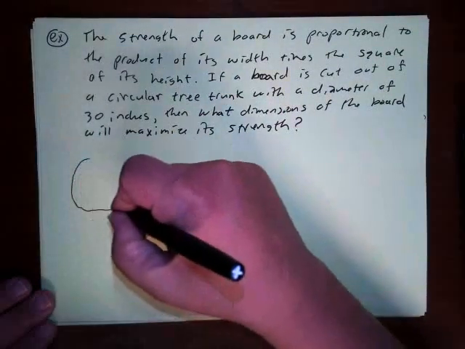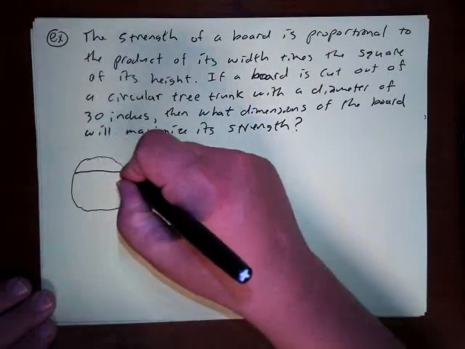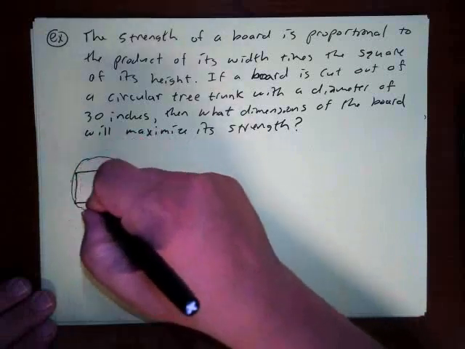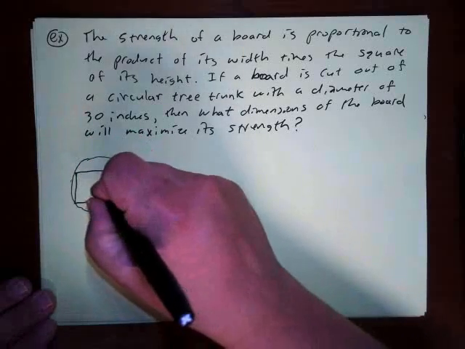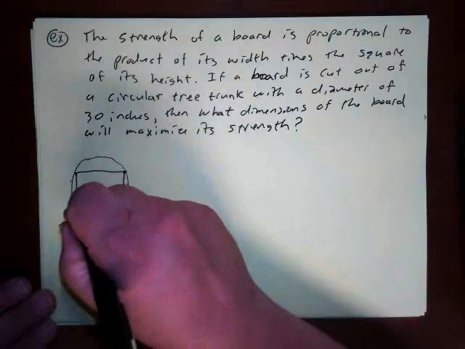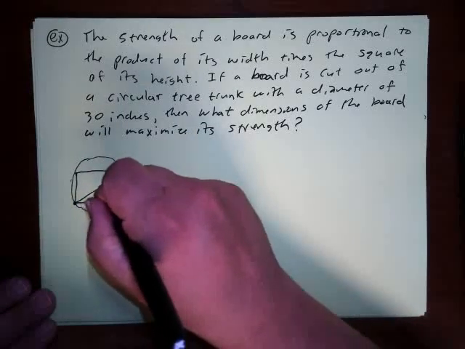Our tree trunk has a diameter of 30, and we're going to be cutting a board out of this. This is like the center, and so the diameter would go here, right? And so that diameter is 30 inches.